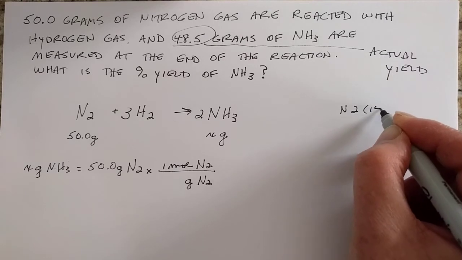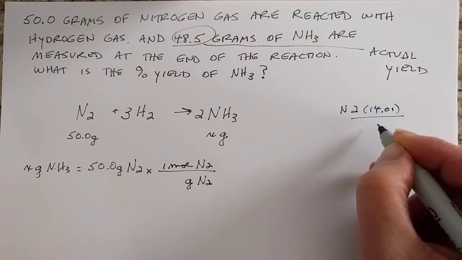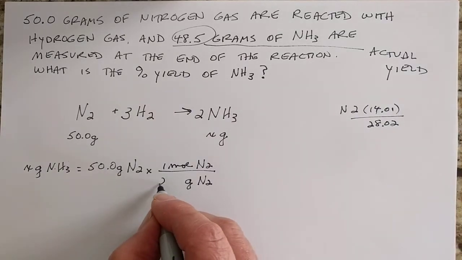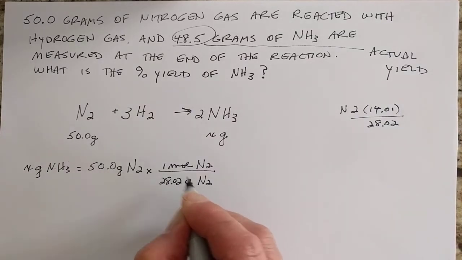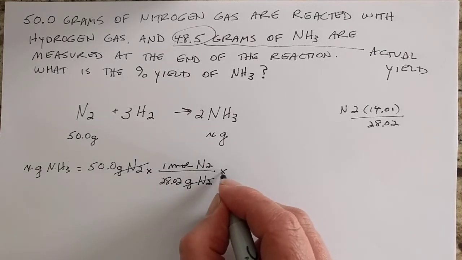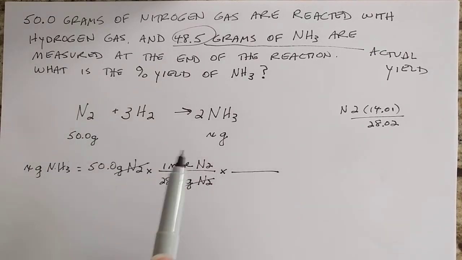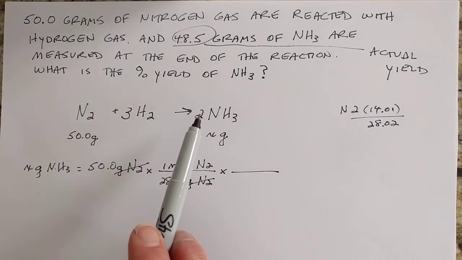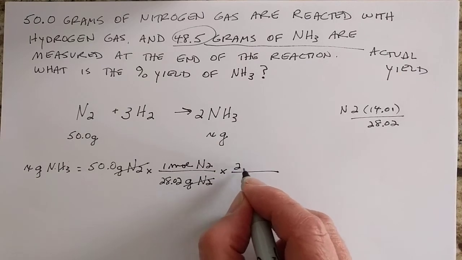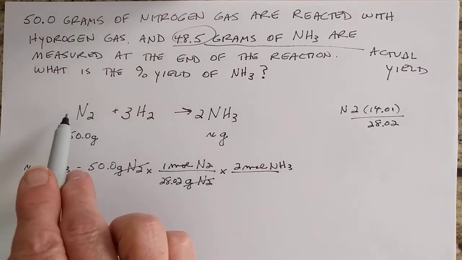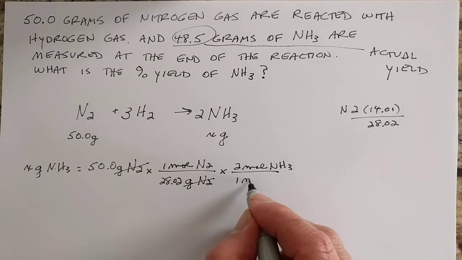Look at the periodic table, 14.01, our molar mass is 28.02 grams in 1 mole. Grams of N2 cancel, multiplication sign and crossbar. Now we use the coefficients to do a mole ratio, and we see we have 2 moles of NH3 for every 1 mole of N2.